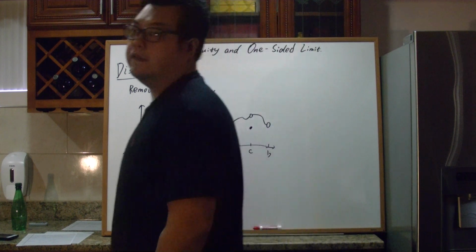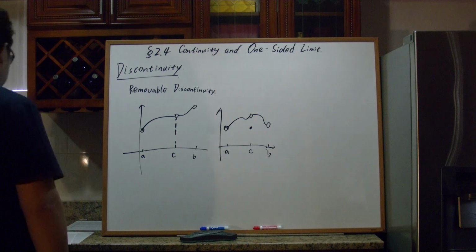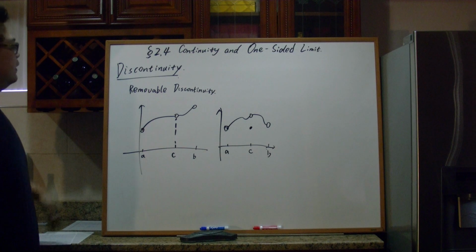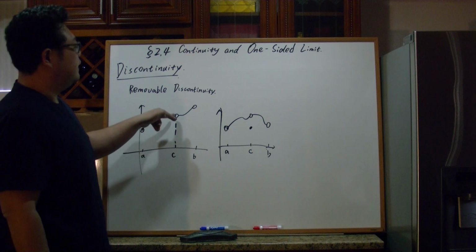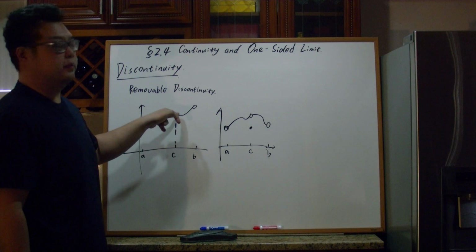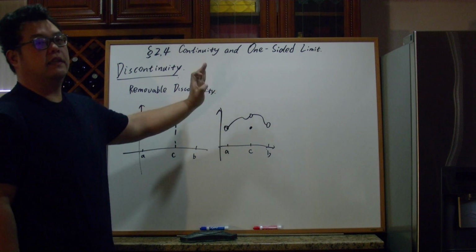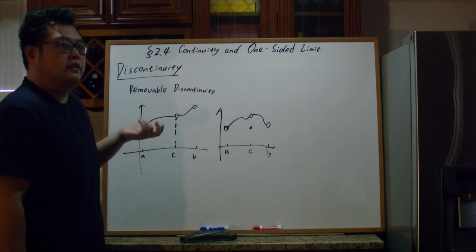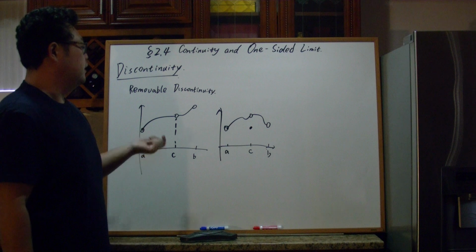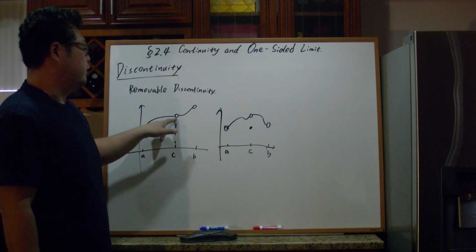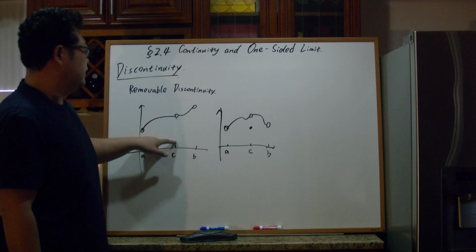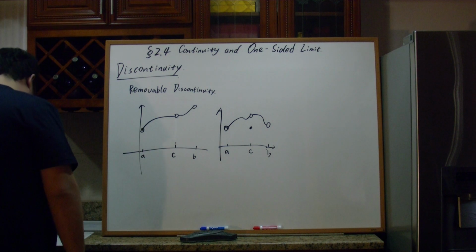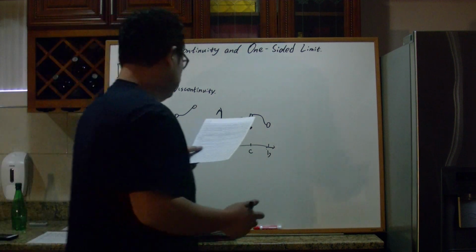Or it could be defined at the value c. It doesn't matter if it's defined or not. For that type, if we give a definition at the point where it breaks, we can make it continuous; in other words, it is removable. That we call a removable discontinuity.